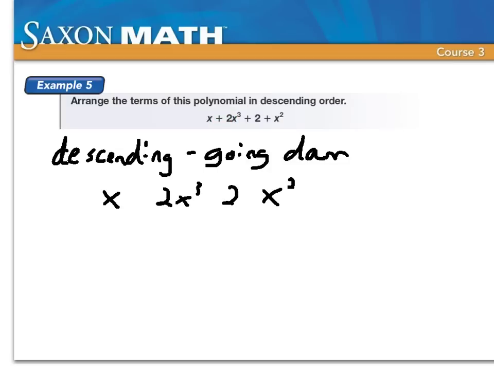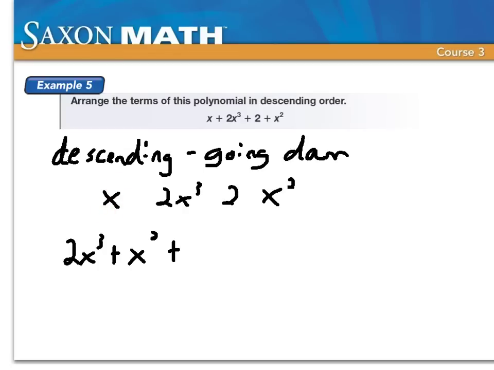So now we want to put the terms in descending order. That means that I want to put the highest exponent first. So here's my highest exponent, 2x cubed. We're going to put a plus sign. Then my next highest is my x squared, since it's got a squared for the exponent, plus my next one. Now here's where it gets a little tricky.